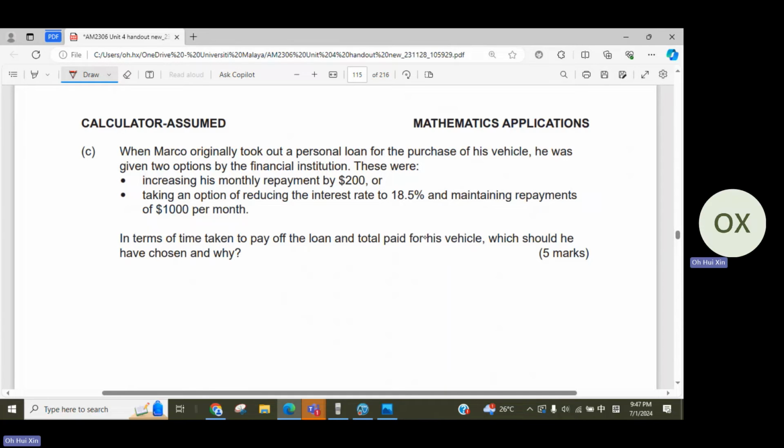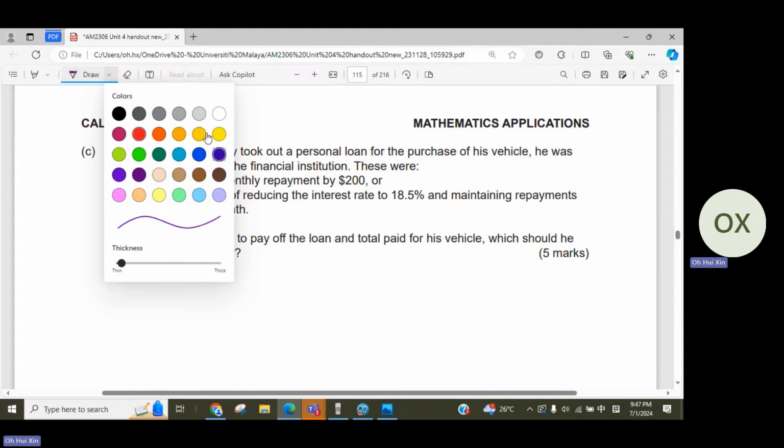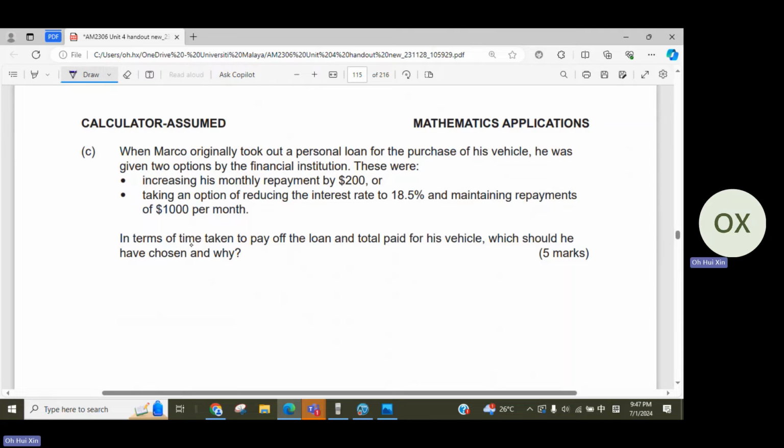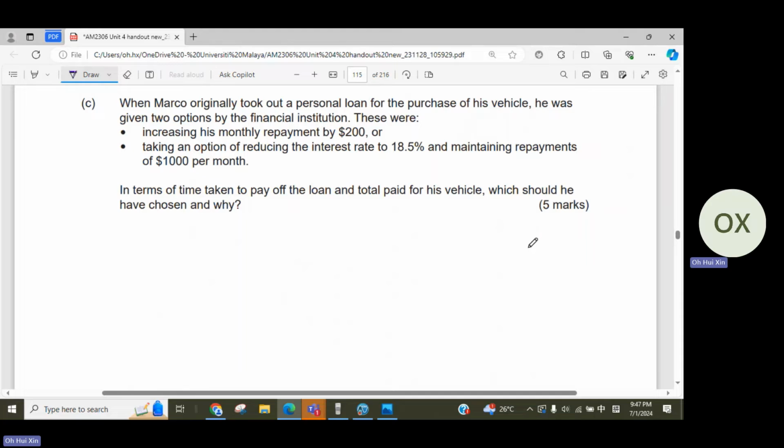So based on these 2 situations, there are 2 things you need to find out. The first one is, how long do you need to pay off the loan? Because the question asks in terms of the time taken to pay off. The second one is, what is the total pay that Marco needs to pay in order to own the vehicle? So I need to go through both of the options here.